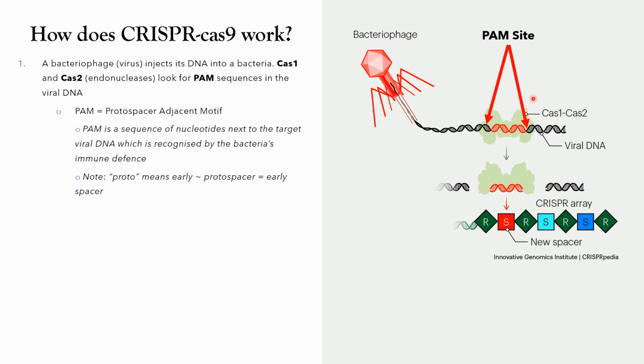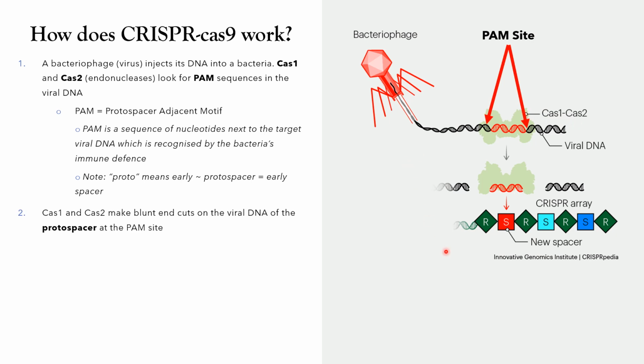And the way that Cas1 and Cas2 find this protospacer, this sequence of DNA that the bacteria is going to store, is by looking for a PAM sequence, a sequence of nucleotides on either side of this protospacer. That's why we call it a protospacer adjacent motif. Adjacent meaning next to, so a series of nucleotides next to the protospacer that Cas1 and Cas2 recognize.